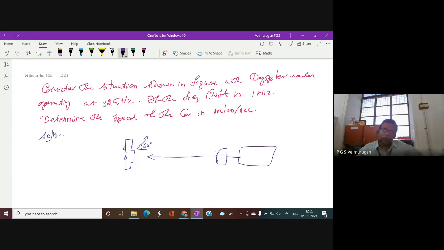This is your Doppler radar. Right, and it moves to a distance of x.